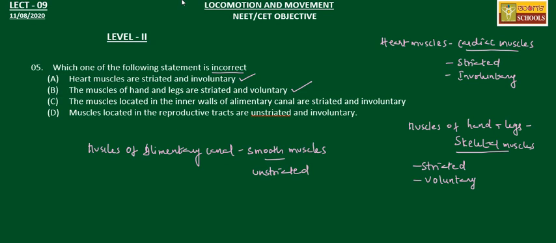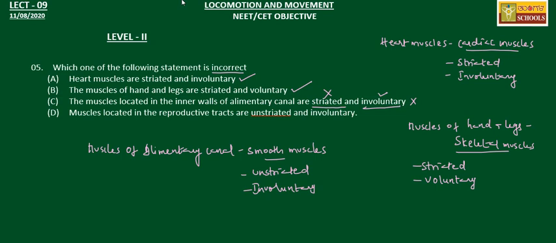They are unstriated and they are involuntary. Okay, so here they have mentioned striated, which means this is wrong, and they mentioned involuntary, so this is correct, but the overall statement will be a wrong statement.